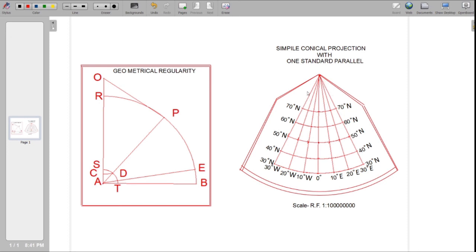If you want to remove this part, you will be able to remove it. Then the projection is over.